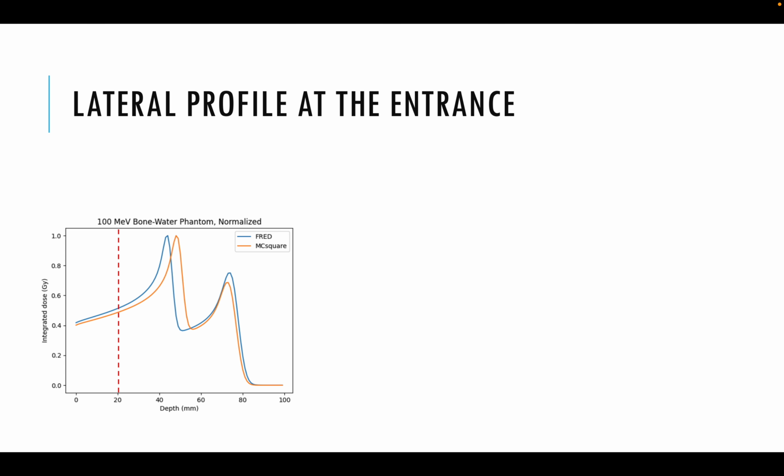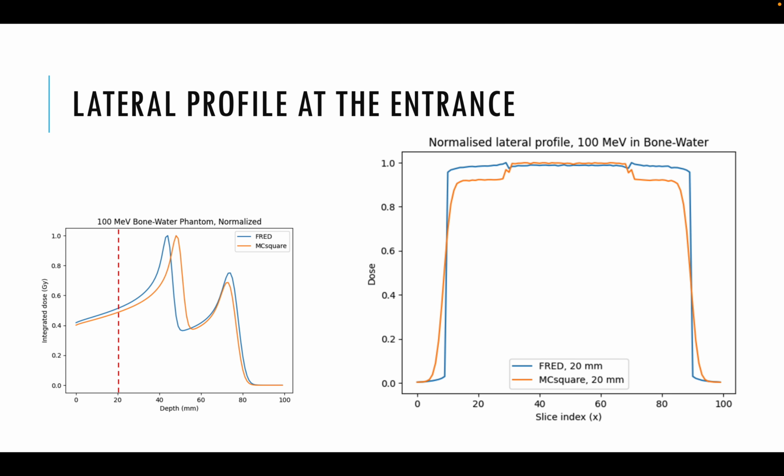At the entrance, when I plotted the lateral profile, I see in bone FRED says the dose goes down, and in MC square it says the dose goes up, which is quite confusing. Why? Because the stopping power of bone is larger than the stopping power of water.